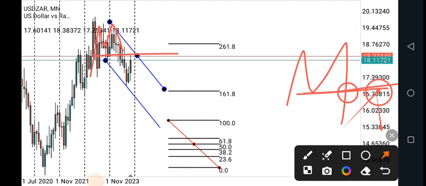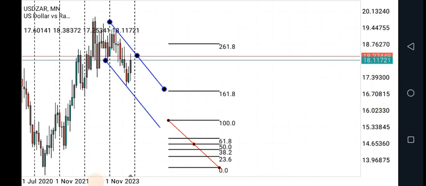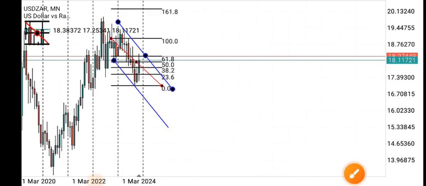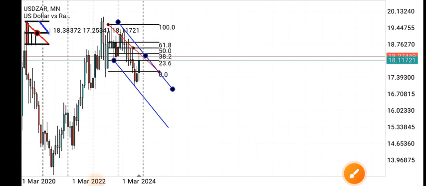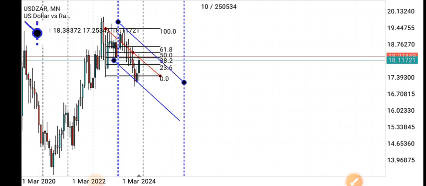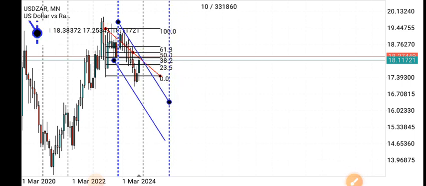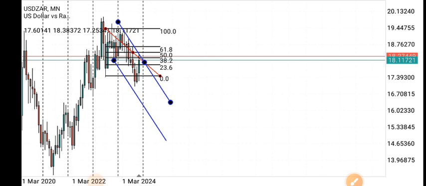To add to that, we can also see that the neckline seems to align with a very strong level in regards to Fibonacci. Just bear with me guys, let's have a look.